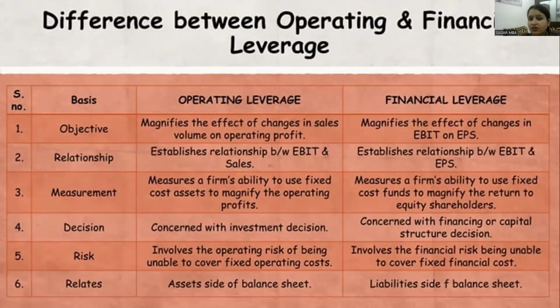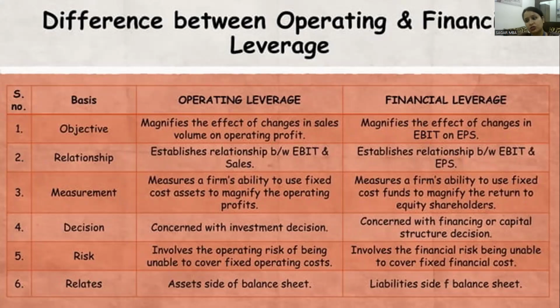Difference between financial leverage and operating leverage. Objectives: operating leverage magnifies the effects of change in sales volume on profit, and financial leverage magnifies the effects of change in EBIT on earnings per share. Relationship: operating leverage establishes the relationship between EBIT and sales, and financial leverage establishes the relationship between EBIT and EPS. Operating leverage measures the firm's ability to use fixed cost assets to magnify operating profit, and financial leverage measures the firm's ability to use fixed cost funds to magnify return to the equity shares.